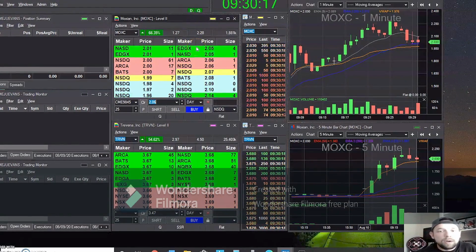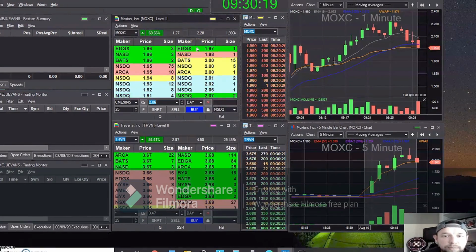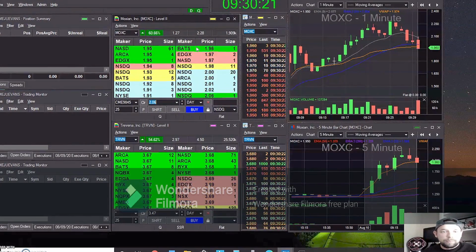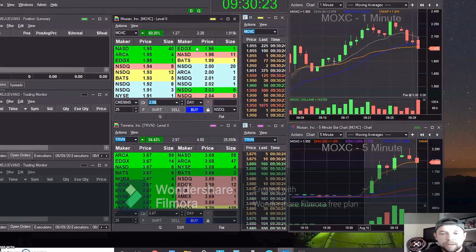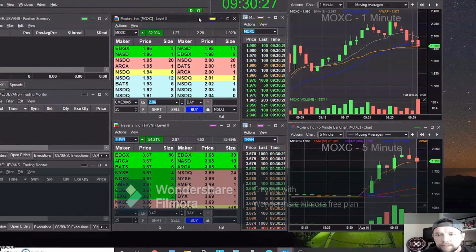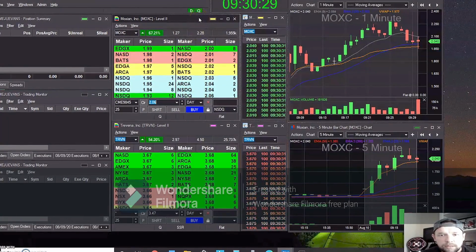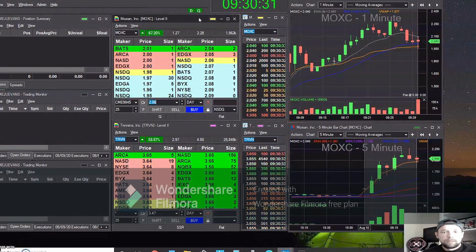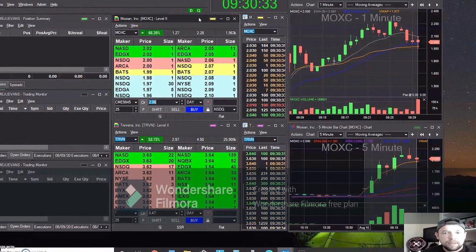Okay, so the market just opened and it looks like I'm going to try to jump in a trade here shortly. Maybe off of VWAP, $2 around there. So let's see what happens.